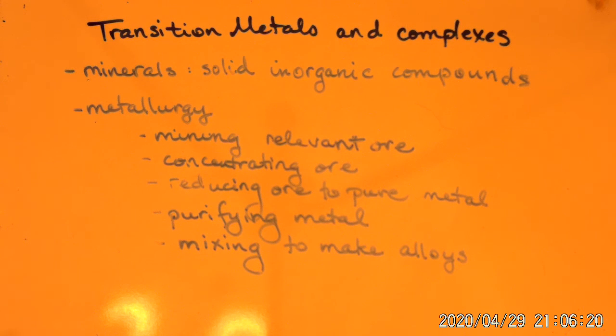Not only reducing to the pure metals, we have to purify the metal, and then after we purify the metal, we can have the exact proportions that we want to mix to make alloys. And because we purify it first, by knowing the percentages, we can get the types of physical properties in our alloys that we want.